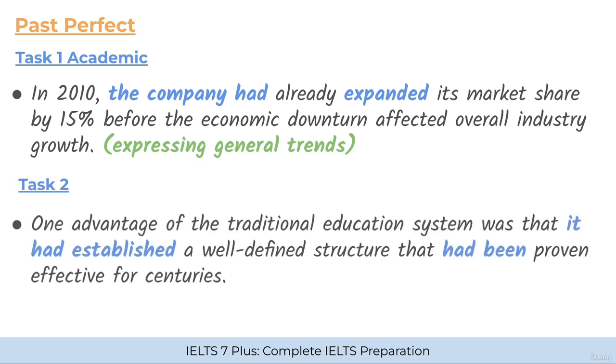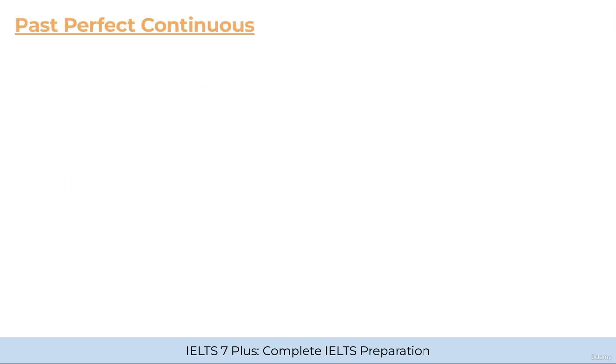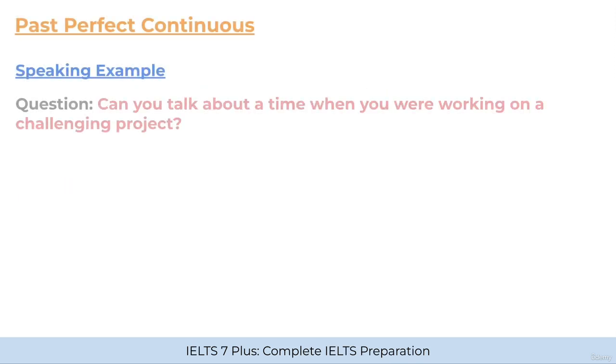Okay, in task 2, it had established and had been, that had been, as well, referring to the well-defined structure. Okay, so it's come up a few. Okay, so hopefully you can see that the past perfect is really useful for all the various parts of the IELTS. Now let's switch gears to the past perfect continuous and go back to another speaking example here.